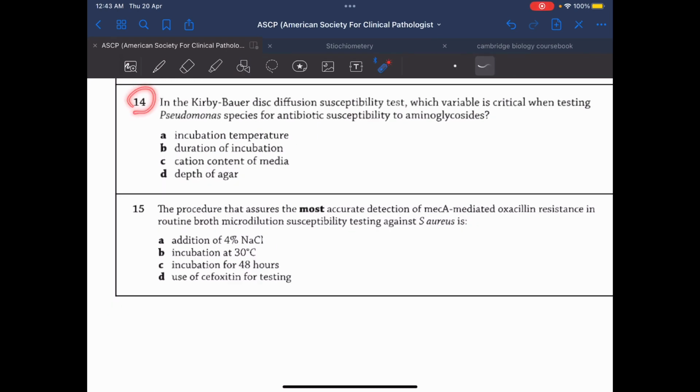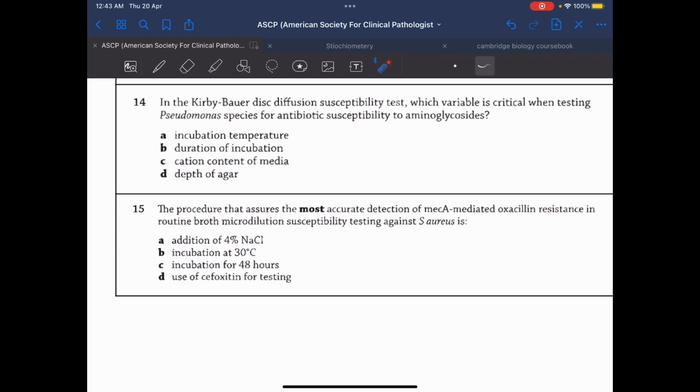Question number 14. In the Kirby-Bauer disk diffusion susceptibility test, which variable is critical when testing Pseudomonas species for antibiotic susceptibility to aminoglycosides? Incubation temperature, duration of incubation, cation content of media, depth of agar.